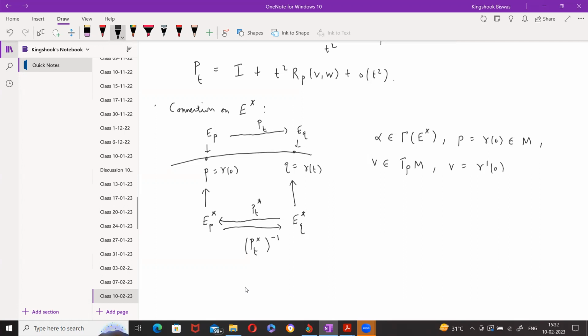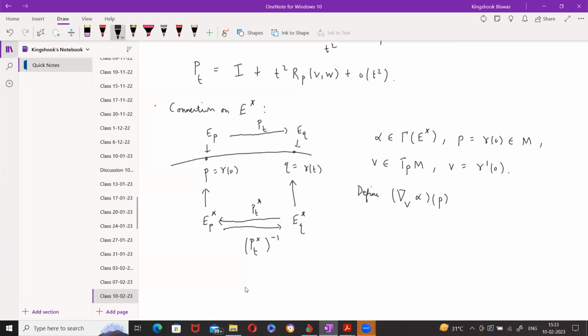Rather, I'm given P and V, and I choose a gamma so that gamma 0 is P and gamma prime 0 is V. Now I need to define nabla sub V of alpha at the point P.